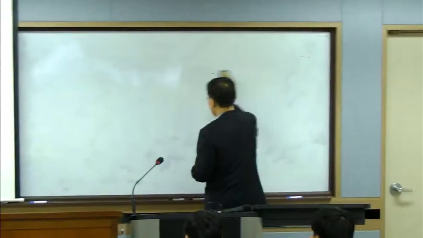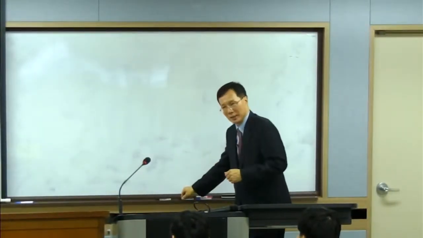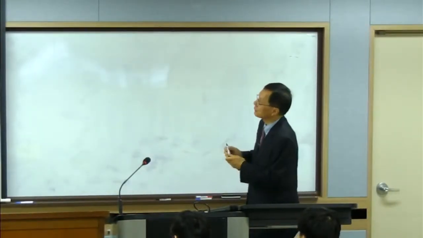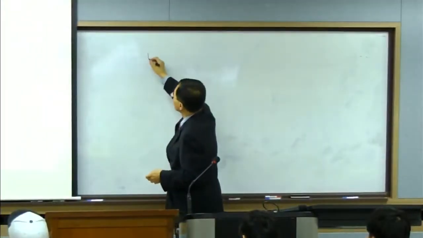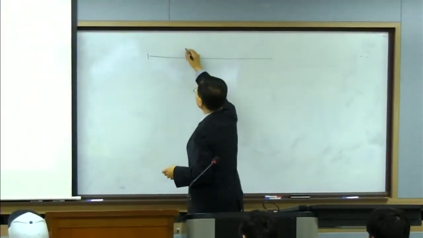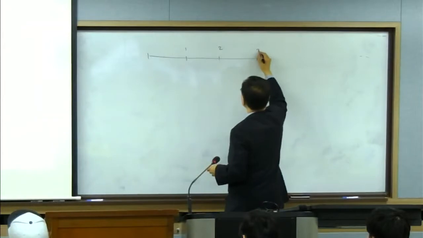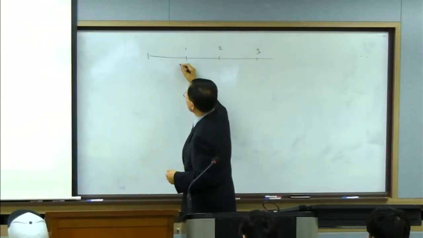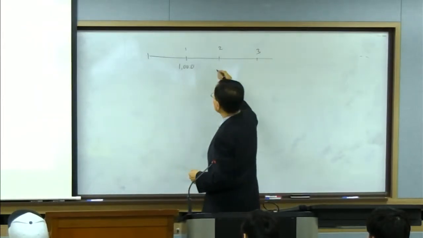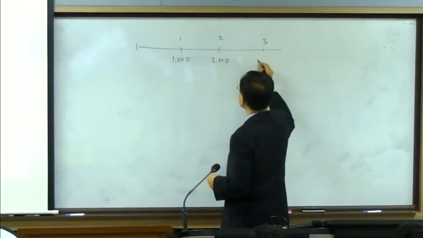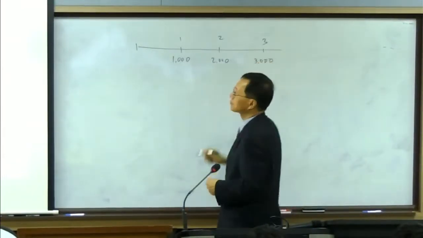By drawing a timeline, you can formulate the problem much easier. Here's time 1, 2, and 3, and 1,000 in year 1, 2,000 in year 2, and 3,000 in year 3.